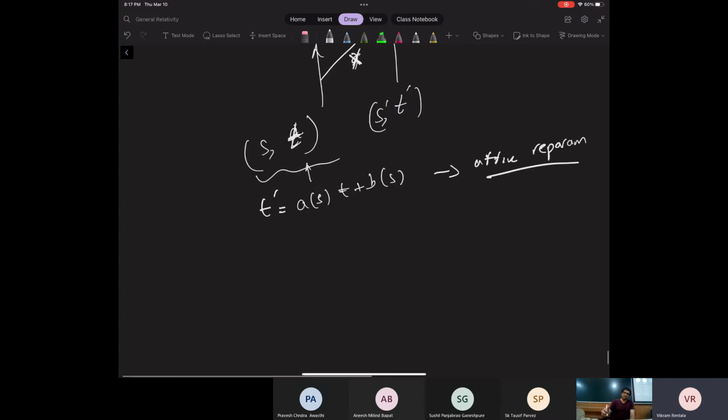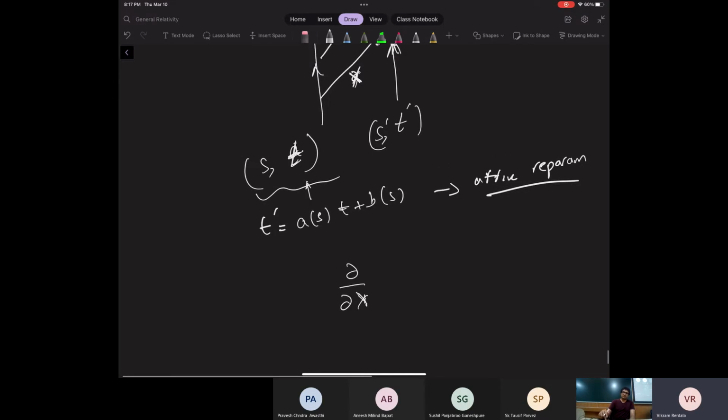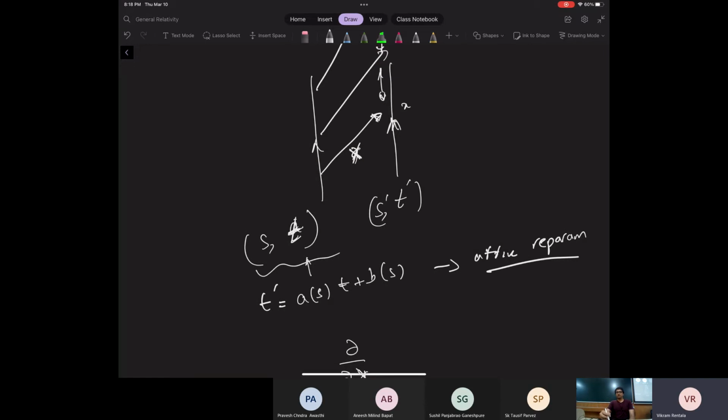No, so if you wanted to ask about x itself, you're asking what happens to the vector x under a reparameterization. Is that what you're talking about? Oh yeah, because the new x is some x plus something times t.